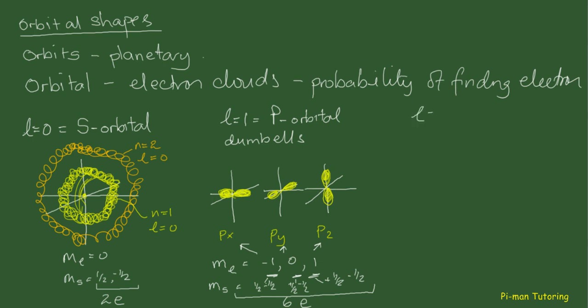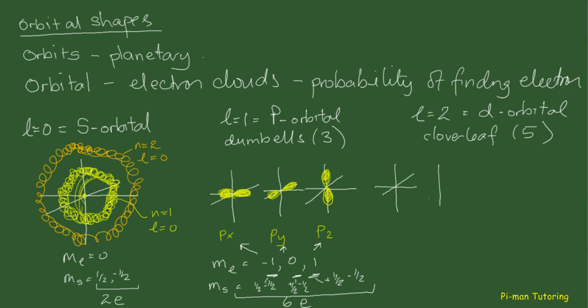Now when L is equal to 2, we have something called a d orbital. And these are kind of cloverleaf shaped. And there are 5 of them versus the 3 dumbbells. They get a little harder to draw, as you might imagine, and I will do my best, but I make no promises.